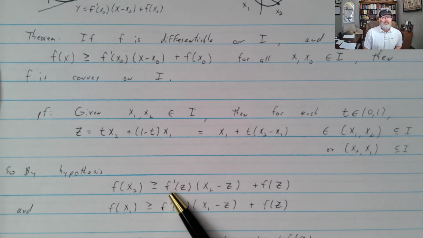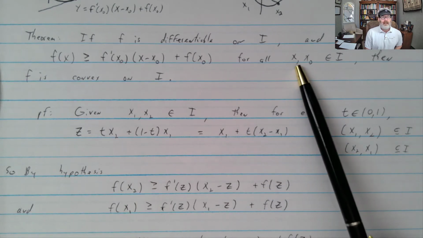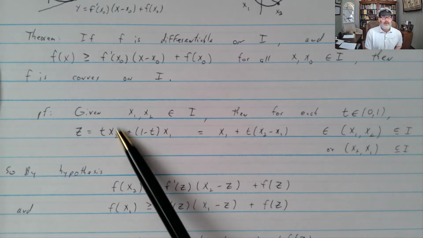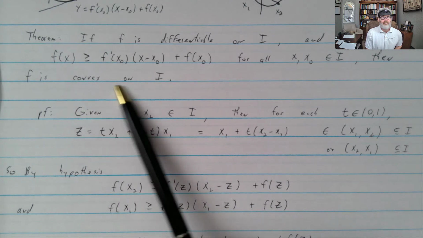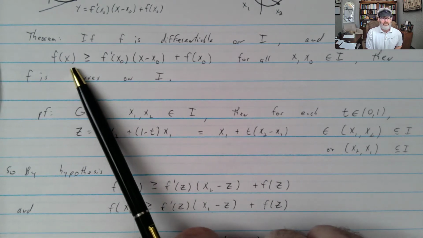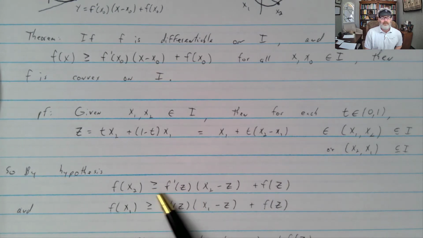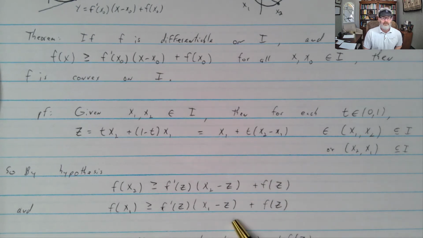Anyway, by hypothesis, since this is true for all x and x₀, I'll put x₂ in for x and z in for x₀ in this assumption. So we always have the function above a tangent line. So f of x₂ must be greater than or equal to f prime at z times x₂ minus z plus f of z, just replacing x₀ with z and x with x₂.